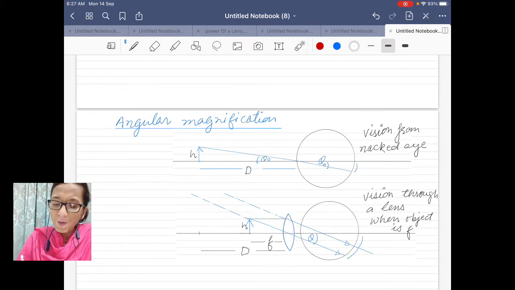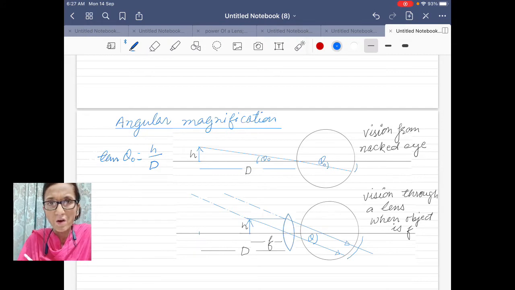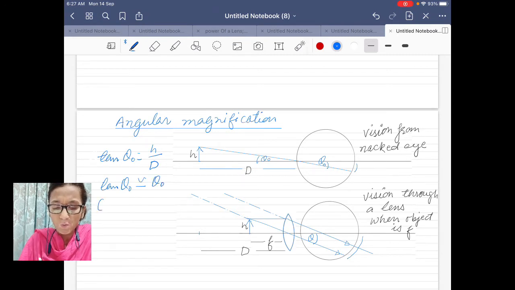From here, in this right triangle, you can write that tan of theta naught is equal to perpendicular upon base. But for small angles, you can write tan theta nearly equal to theta naught.